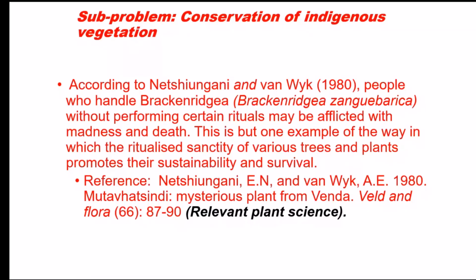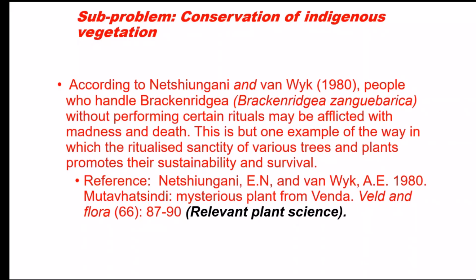By the way, one of the authors here was my first supervisor when I got employed under the Venda Herbarium. So the source is Nechungani and Van Wyk, 1980, Mutavhatsindi, mysterious plant from Venda, Veld and Flora. Veld and Flora is a journal which focused on indigenous vegetation. The articles are mainly about that.